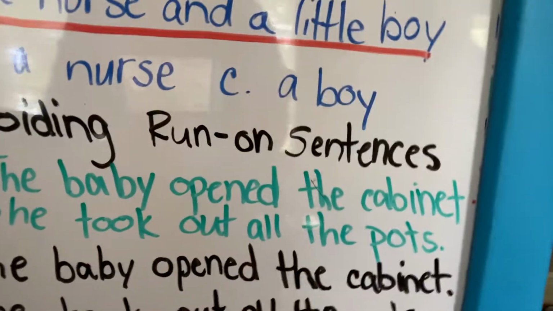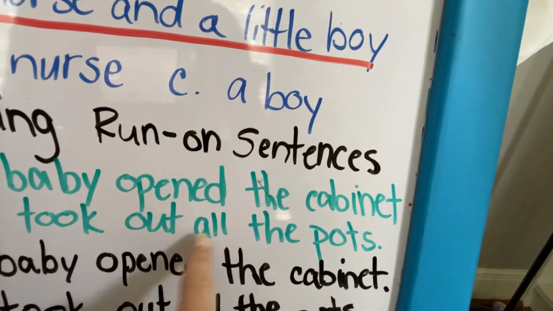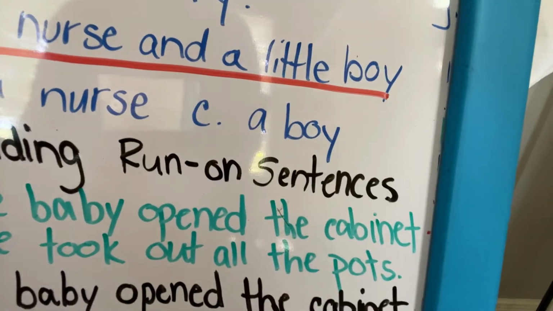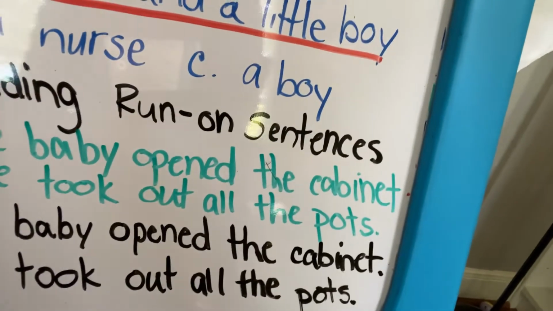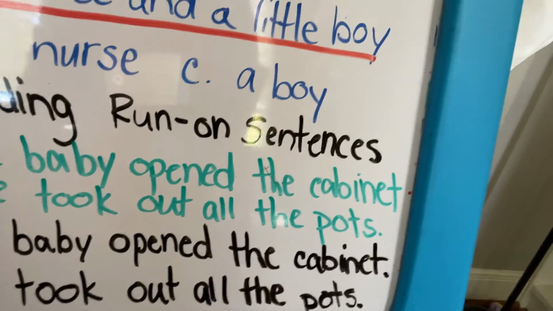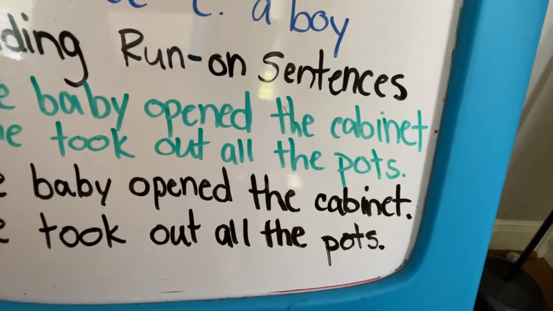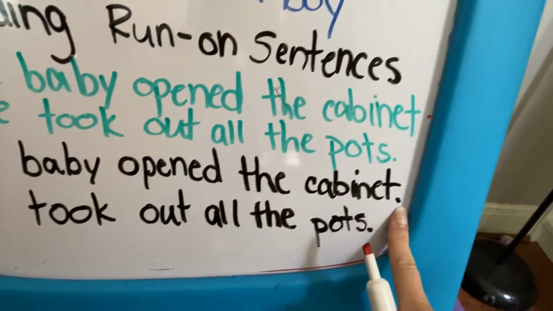So let's look at the first sentence. The baby opened the cabinet. She took out all the pots. Okay, so that is a run-on sentence, okay? I know that it's a run-on sentence because I can make 2 short sentences out of that 1 long sentence, okay? So I can do the baby opened the cabinet, period.